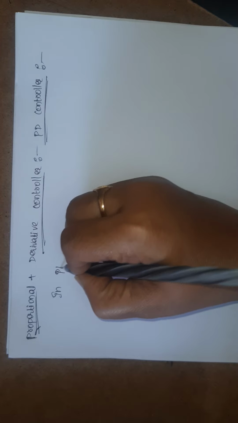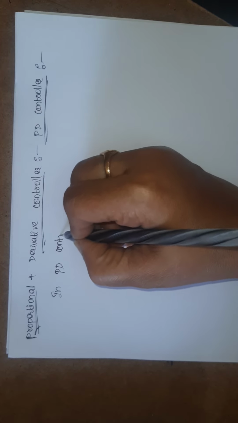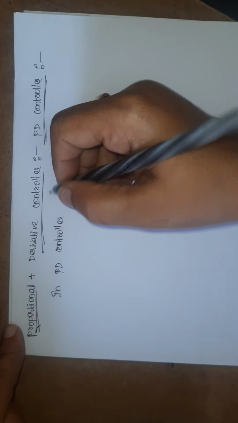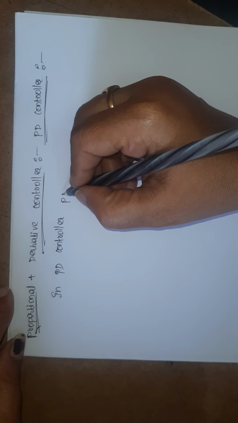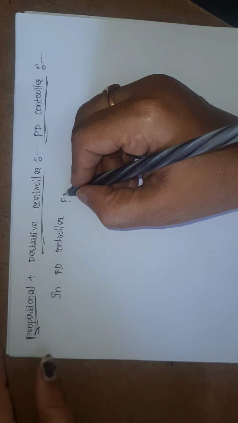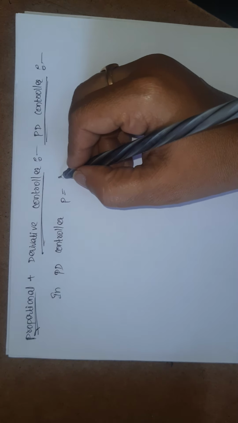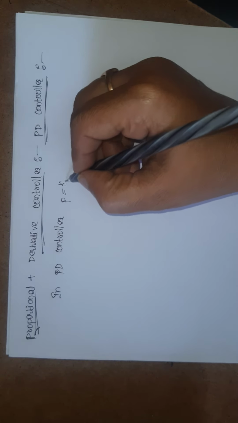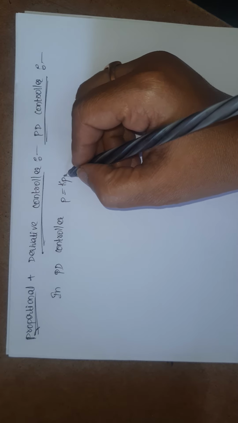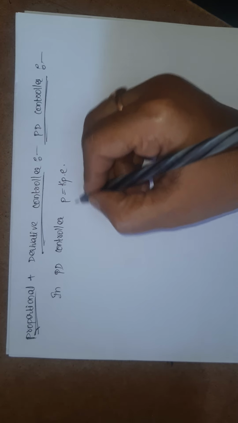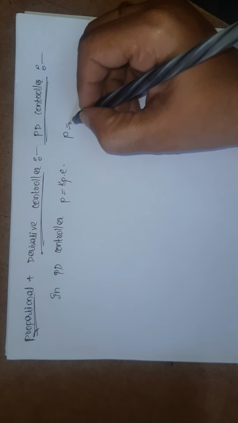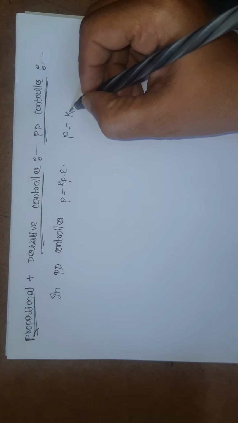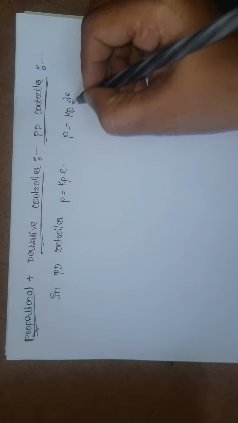So in the PD controller, P is equal to Kp into E, and in the derivative controller P is equal to Kd into dE by dt.